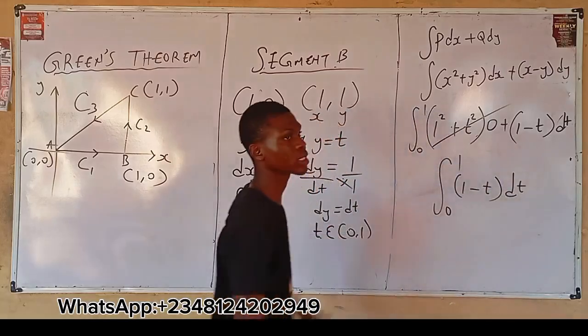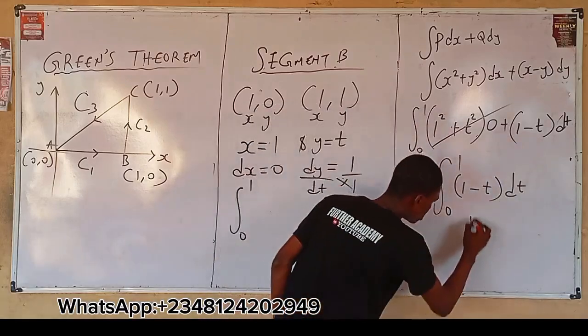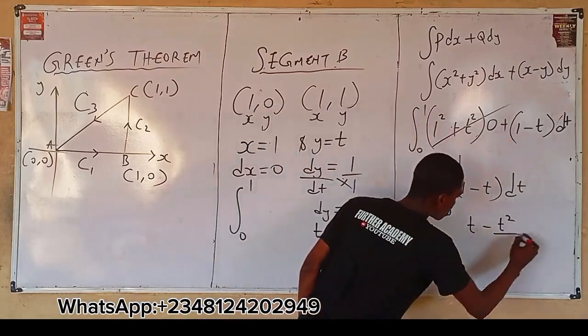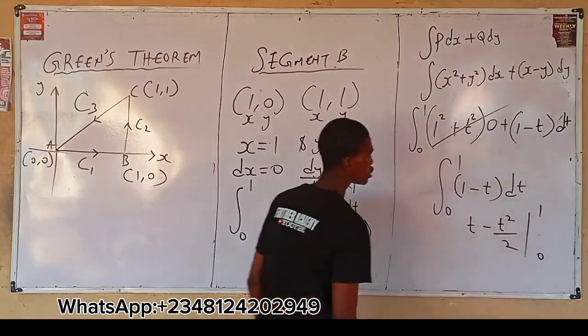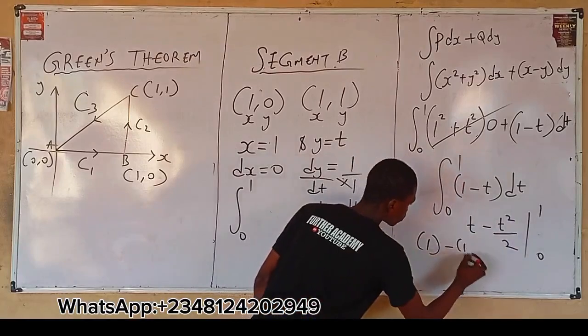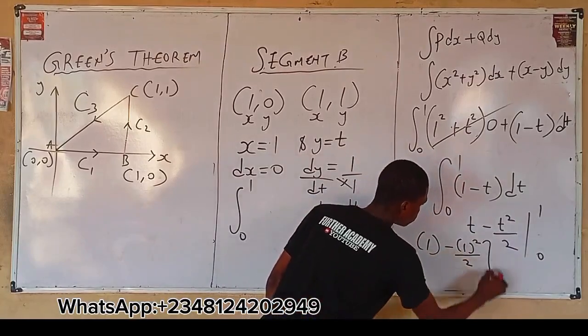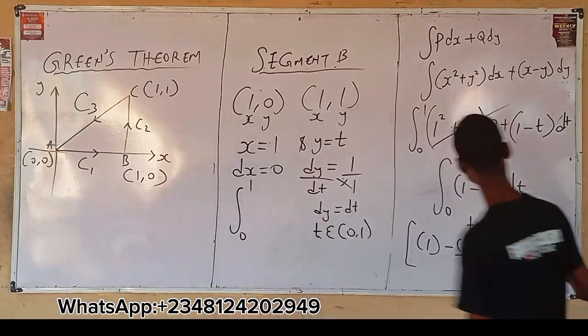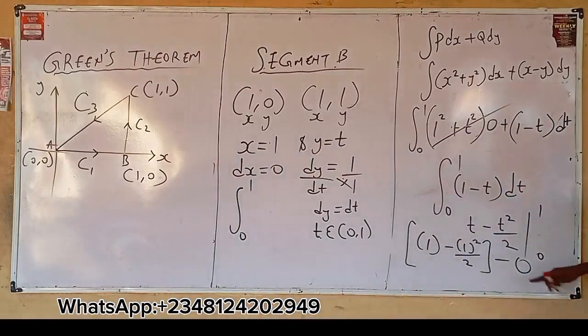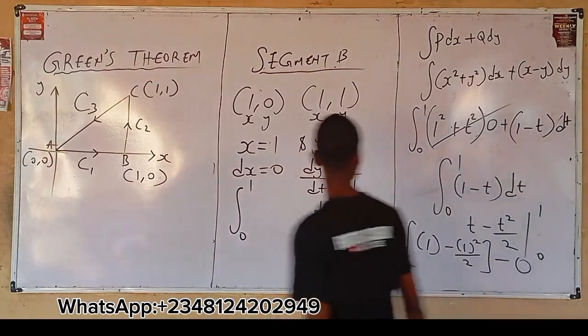So from here, apply your normal integration. This is t minus t squared over 2. Take your limit, 1 to 0. Substitute: 1 minus 1 squared over 2, minus 0. By the time you substitute 0 into this, you have everything minus 0. So from here, let's evaluate.